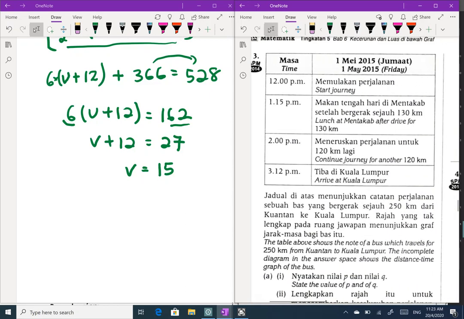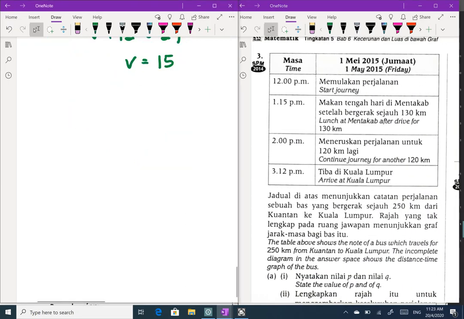This one, the question for this. The table above shows the knot of a bus which travels for 250 km from Kuantan to Kuala Lumpur. Okay, I start from Kuantan, go to Kuala Lumpur.